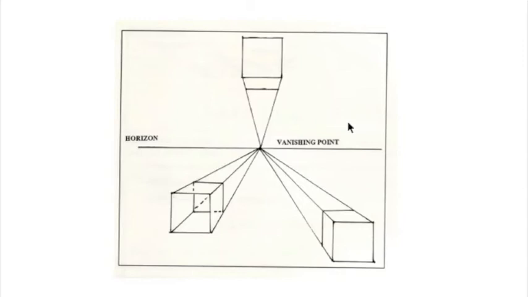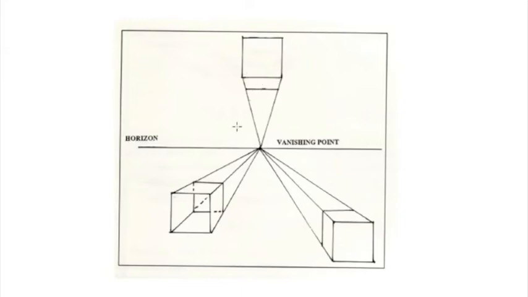So 1 point perspective, we've got two cubes below and one cube above, and again notice we're seeing two faces, actually three faces, but we're still able to get the right angles on the cubes. So this is still 1 point perspective, so the horizon and eye level, the vanishing point, these are the orthogonal lines, and this is above eye level, and we're not seeing either side of this, we're only seeing the front face and then the bottom.